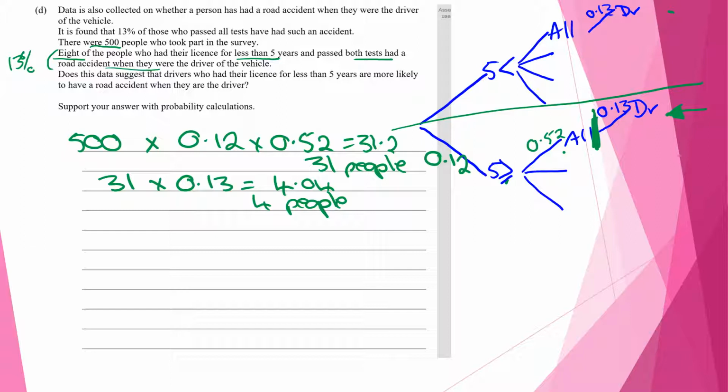But we are told from our information up above that 8 of the people who had their driver's license for less than 5 years and passed both tests had road accidents. So we can see that the 8 given as the actual is twice as much as what we'd expect, which is 4.